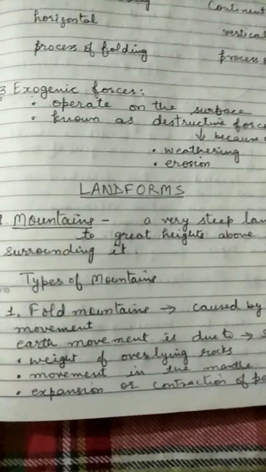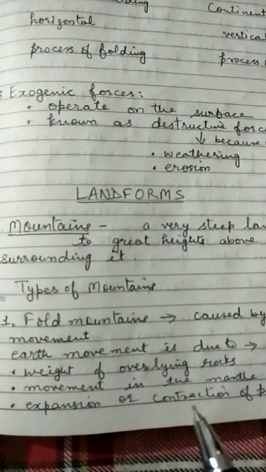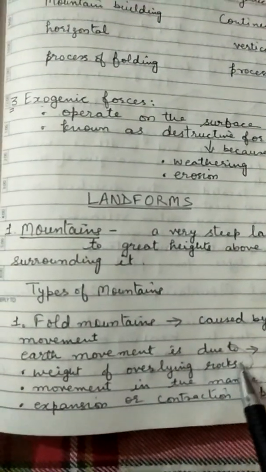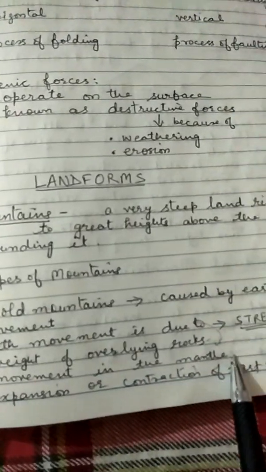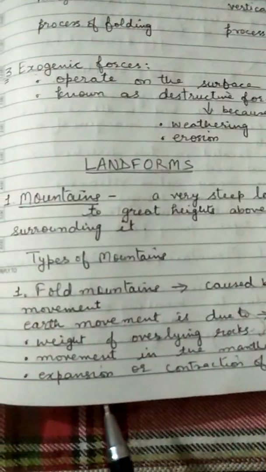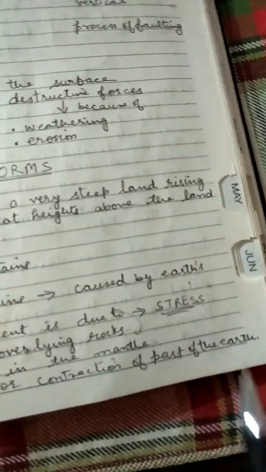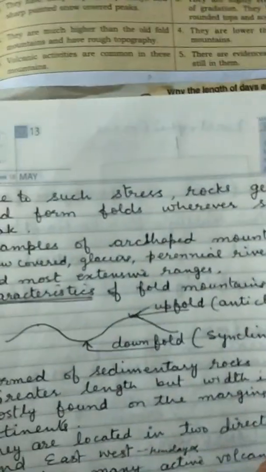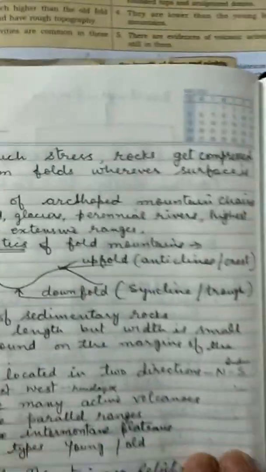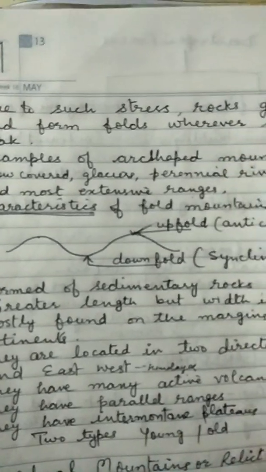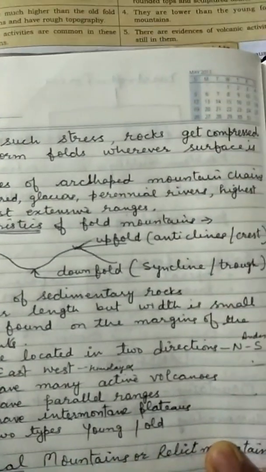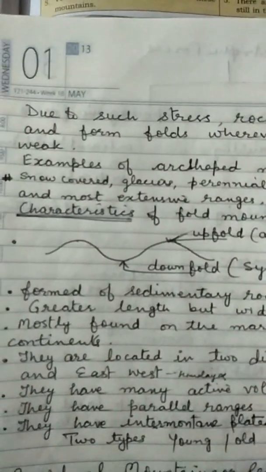This stress is caused by the weight of overlying rocks, movement in the mantle, or expansion or contraction of part of the earth. Due to this stress, rocks get compressed and form folds wherever the surface is weak.